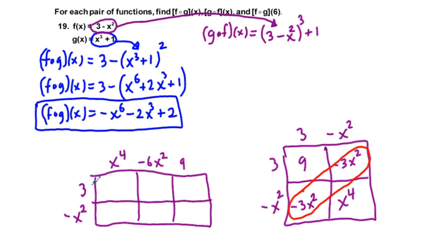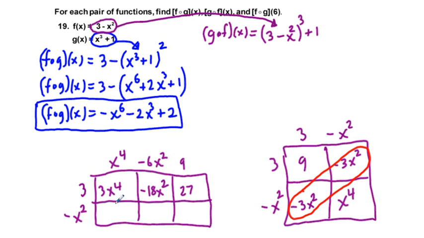And for that, 3 times x to the 4th is going to be 3x to the 4th. 3 times negative 6x squared is negative 18x squared. 3 times 9 is 27.